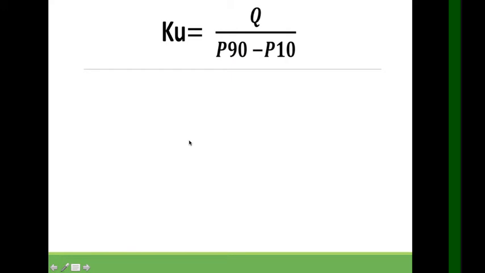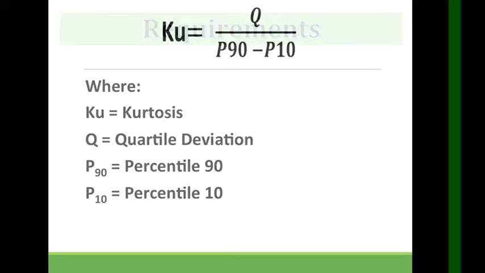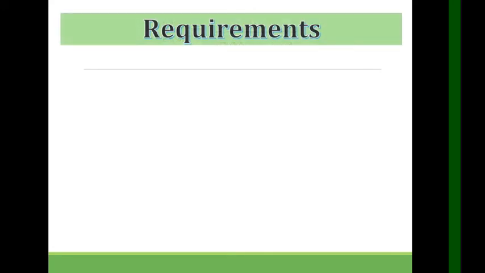The formula for the kurtosis is Ku equals Q over P90 minus P10, the percentile and the quartile. Where Ku is kurtosis, Q is the quartile deviation, P90 is percentile 90, and P10 is percentile 10. The requirements are the following.